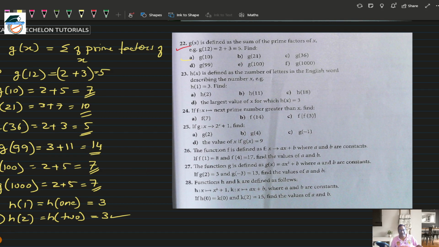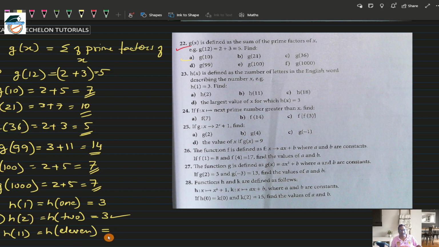Then B is h of 11. So h of ELEVEN, right? Now here, how many letters do we have to total? 1, 2, 3, 4, and 5. Now whether repetition is allowed or not, that we have to check. If repetition is allowed, it will be 1, 2, 3, 4, 5, and 6.